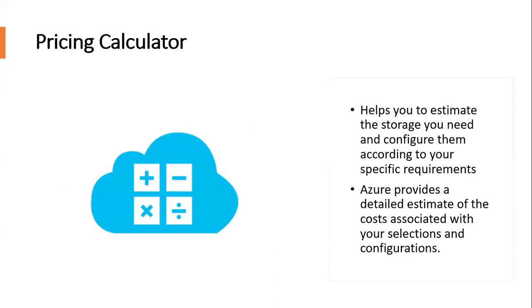Now, this is a very important service, that is your pricing calculator. It is going to help you estimate the storage you need and configure it according to your specific requirement. Azure provides a detailed estimate of the cost associated with your selections and configuration. Some other third-party tools are also available, one of them is the Aptio tool.